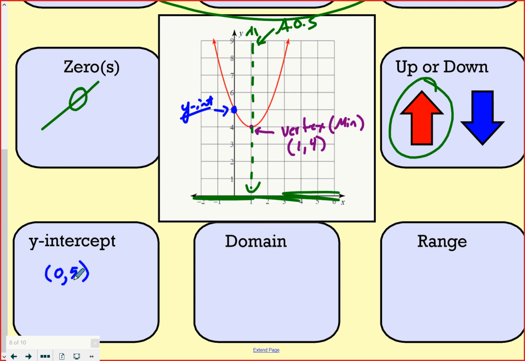Now, in your notes, it says the width compared to y equals x squared. What I want you guys to do is cross that out and put domain. Cross that off and put domain, and then create another box, another row below that and put range.